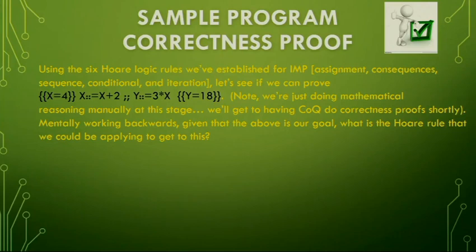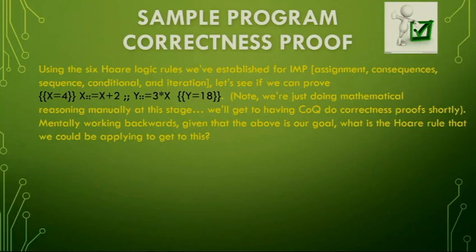So here's our program right here. x gets assigned the value of x plus 2. y gets the value of 3 times x. If we start with x equal 4 in our starting state, and our goal is to get y equal 18, does this program accomplish that? Is this a valid Hoare triple? Good eyeballing it.